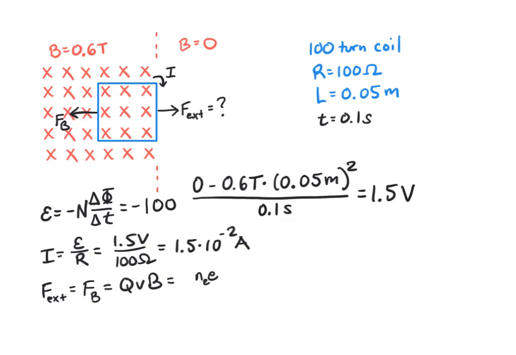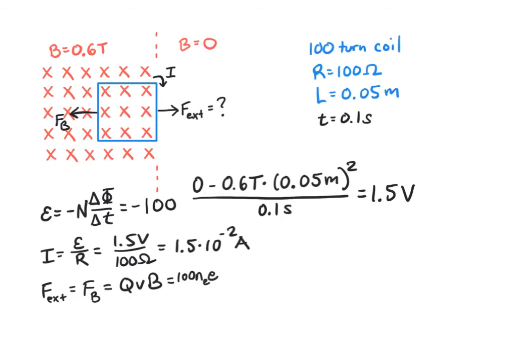But we're dealing with a coil with 100 turns in it, so it's easiest to represent this as the number of electrons per turn times the charge of an electron, and then multiply that by 100 to get the total amount of charge moving along the vertical stretch on the left of our entire coil.